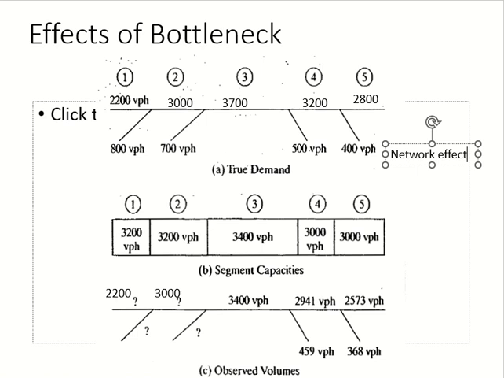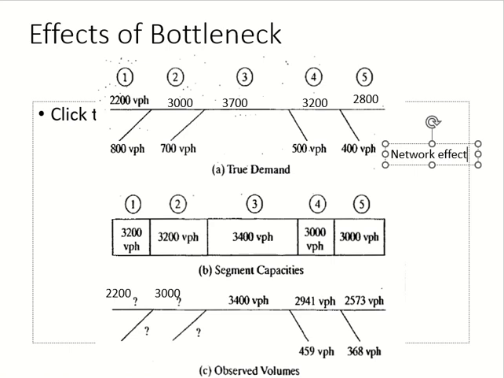So the actual demand was 500 here for this ramp. Okay, this 500 is supposed to come out from where? From here, right? 3700. So this 500 is part of 3700. Okay, are you allowing 3700 in this segment? No, we are only allowing 3400. So the portion of flow you are allowing will be the portion of flow which will go to the other segments as well.